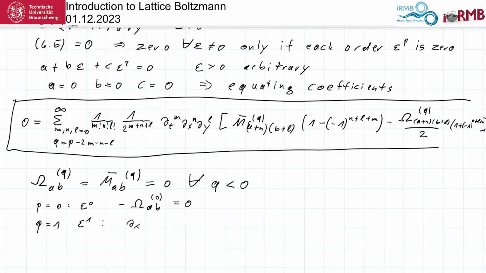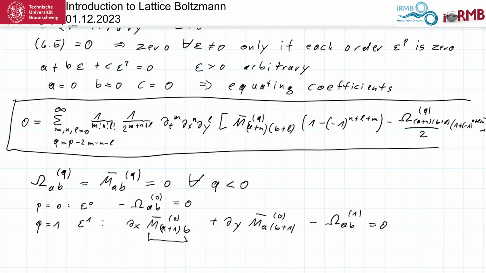Then we can go to the first power in epsilon, and evaluate this equation. We can also do this with computer algebra. What comes out is the first derivative of this guy, order 0, dt m a b plus 1 of order 0 minus omega ab order 1, so this is not an n, this is a 1, is equal to 0.